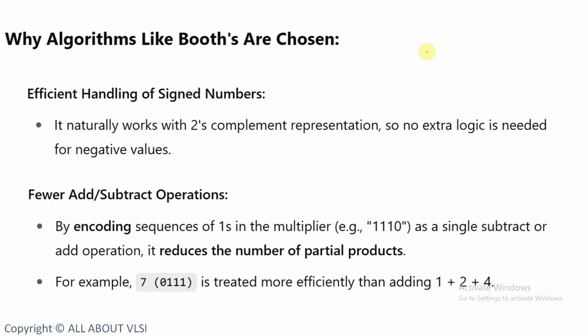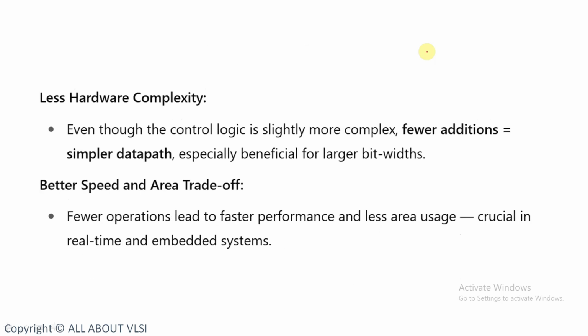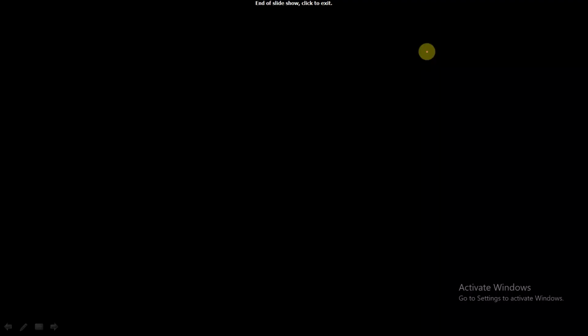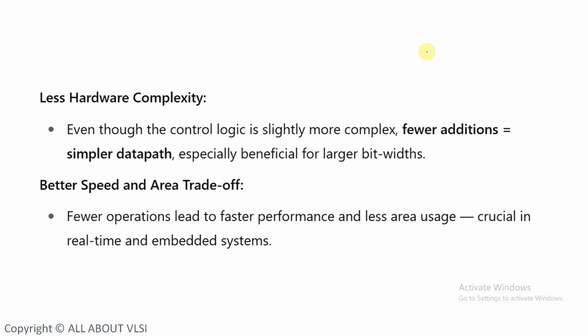No extra logic is needed, and we are going to encode the sequence of ones. It also gives less hardware complexity and a better speed and area trade-off. These are some of the applications of the Booth algorithm, and why we are choosing it is due to these particular reasons.